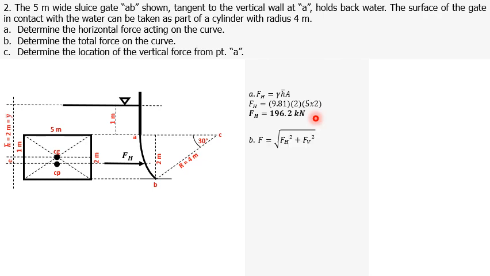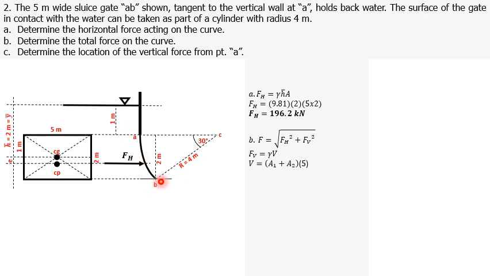In letter B, we are asked to solve for the total hydrostatic force F, which is equal to the square root of FH squared plus FV squared. But we need to solve for FV first, which is equal to gamma times volume. Solving for volume, we need to trace vertical lines from the endpoints of the curve up until the liquid surface.